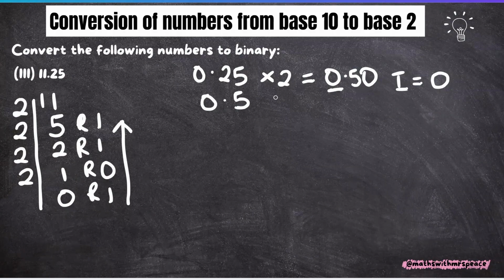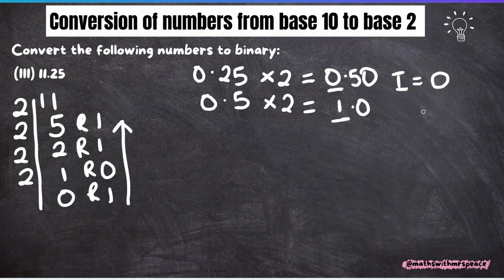So when I say 0.5 times 2, it would give me 1.0. If you want 1.00, the same thing. And then in 1.0, our integer part or our whole part is 1.